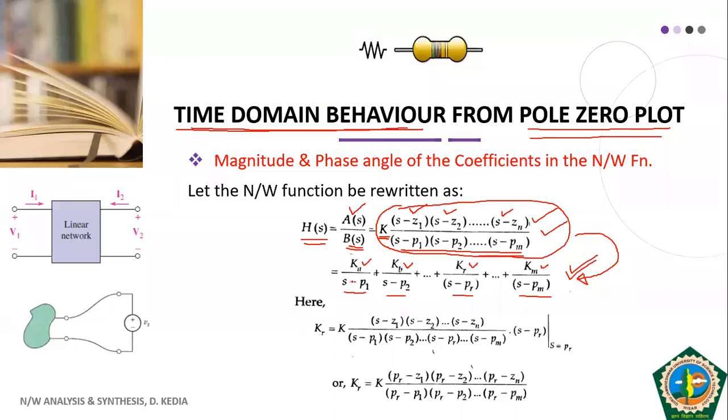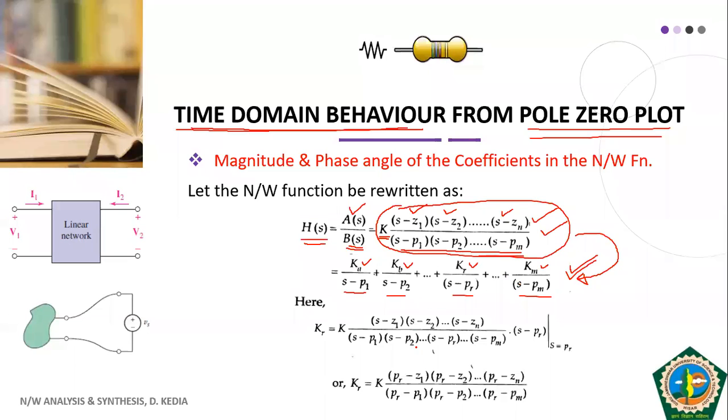Now our job is to find out the values of these k's. Earlier we used to obtain these k's mathematically using inverse Laplace transform techniques, but here we will determine these k's graphically using pole zero plot. That is the difference. I think this approach is clear to you.